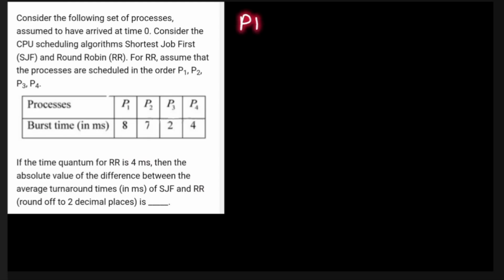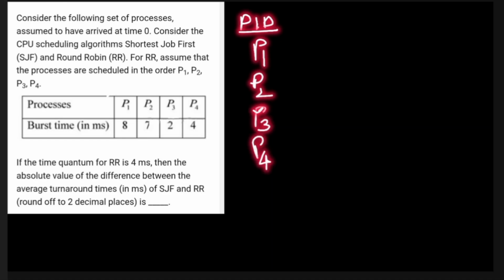So let us start with noting down the processes first. This is PID. We have 4 processes: P1, P2, P3, P4. What are the arrival times of the processes? All processes have arrived at 0.